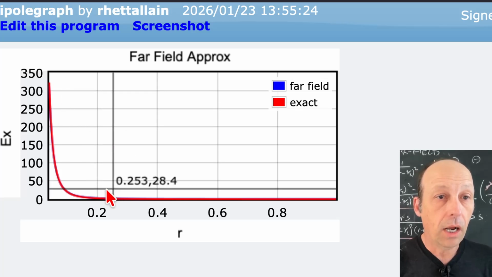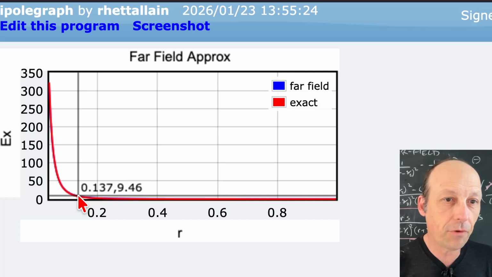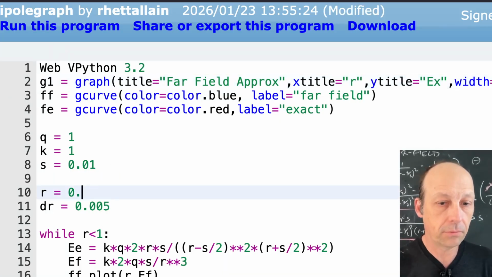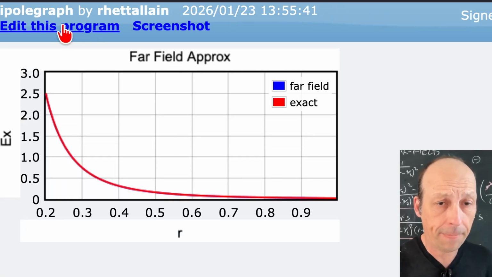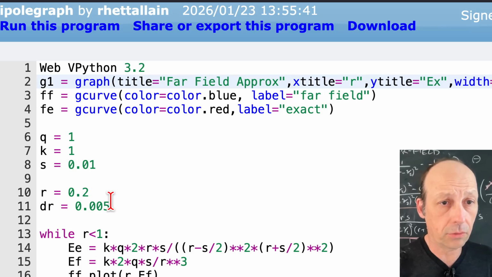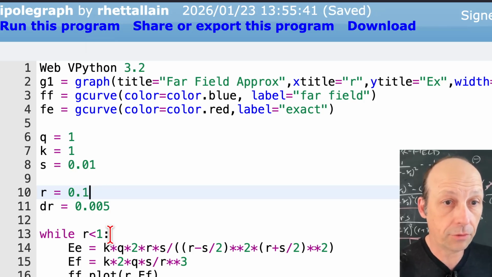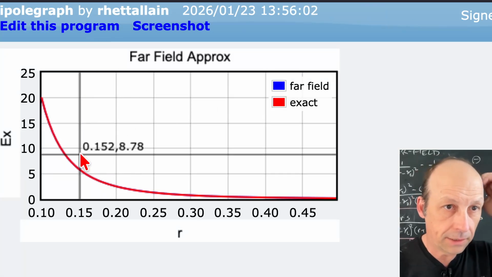Okay, so we went too far and we started too close. So let's move over here to, let's say, 0.2. Let's just start this at 0.2. Still, I'm not seeing a difference between those two. Let's try 0.1. Let's go to 0.5. Still no difference.